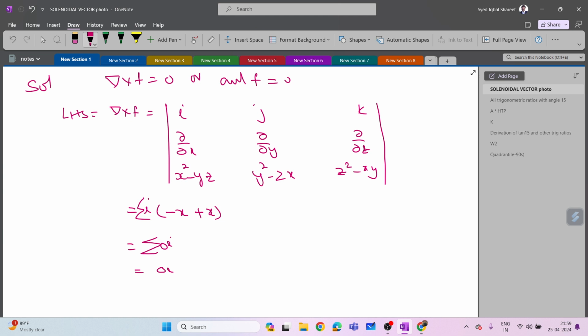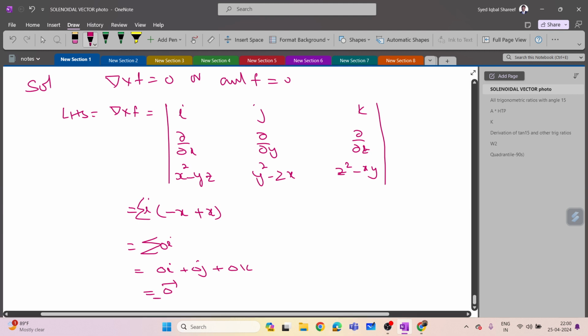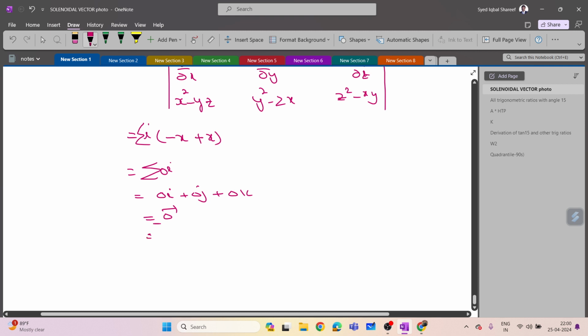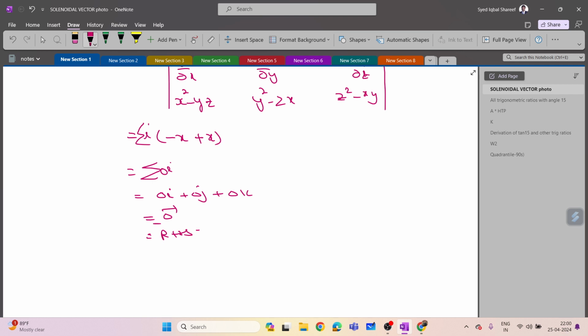It means 0j plus 0k is nothing but a zero vector, which is our right hand side. Therefore, f is an irrotational vector.